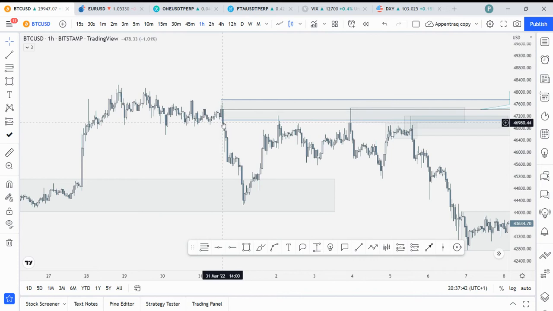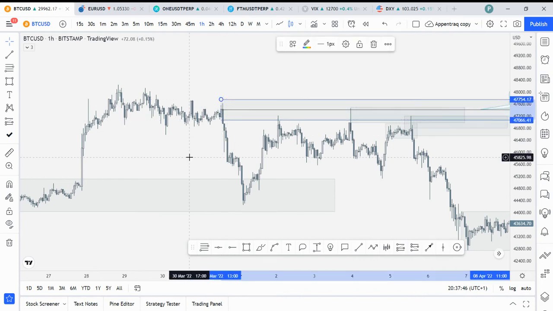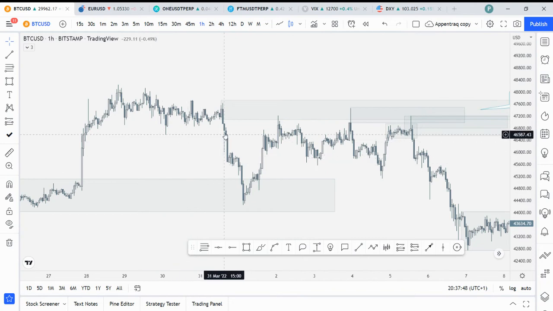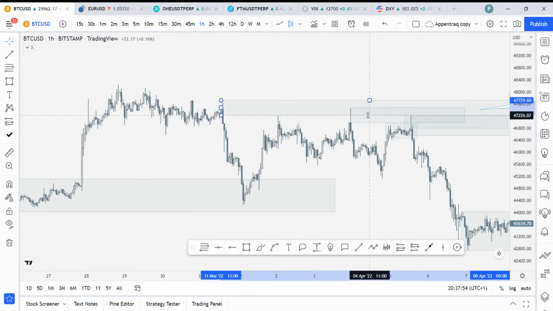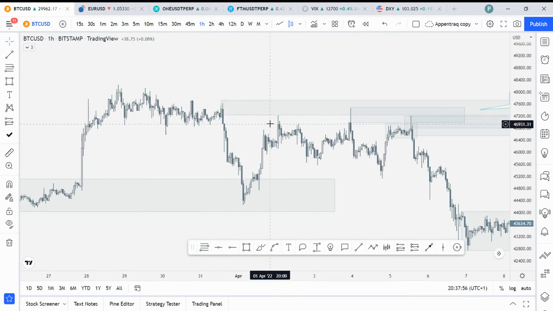So I can decide to adjust the zone to the part that is yet to be mitigated. I reduce it to this candle since the orders that are below this level have already been consumed. So that's mitigation refinement. That's how you refine your zones.